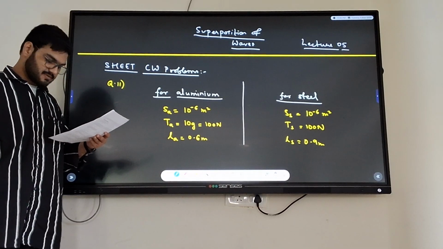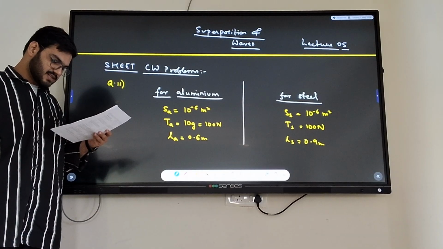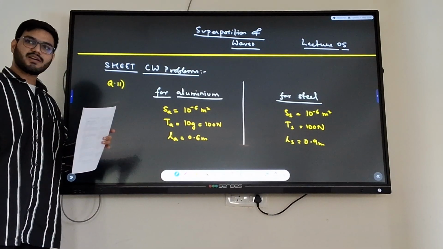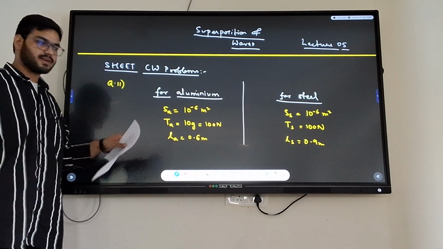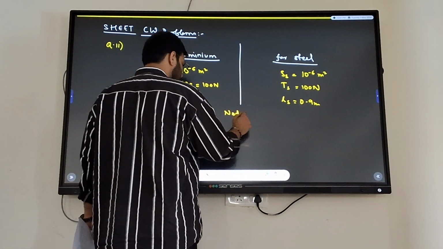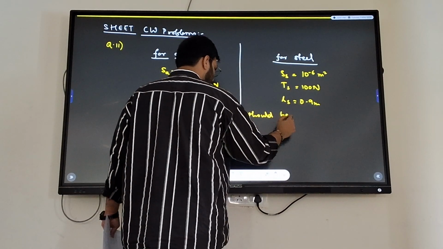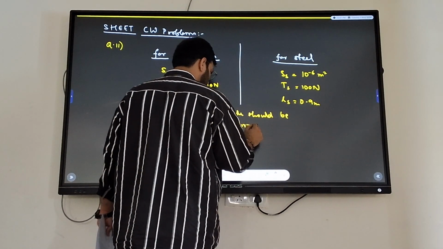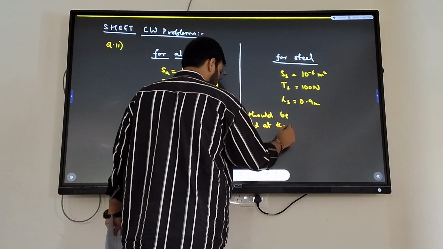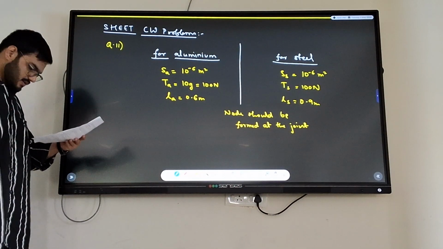They are asking, this is very specific now, the lowest frequency of excitation such that a node is formed at the joint. So what is the condition? A node should be formed at the joint. This is a condition that you have to follow.